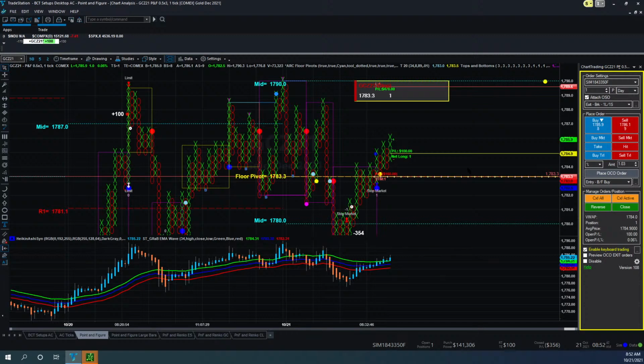Crude is moving down. In the range though, but moving down. 160. 200.